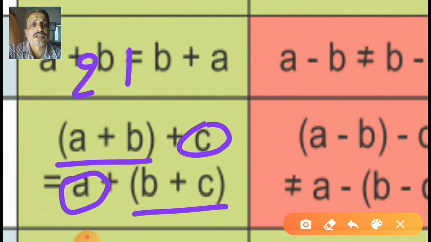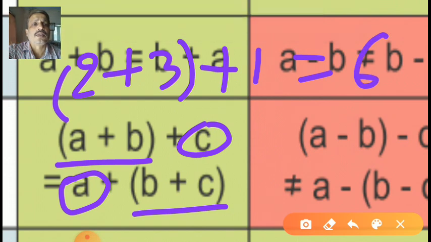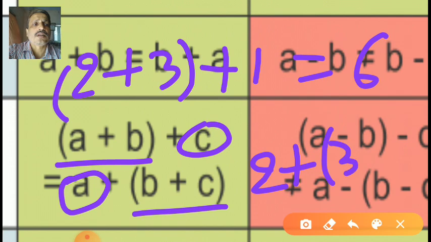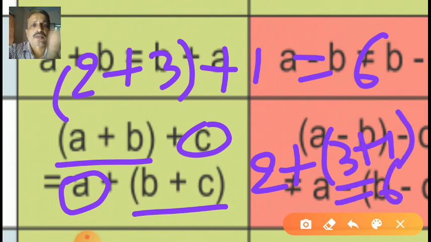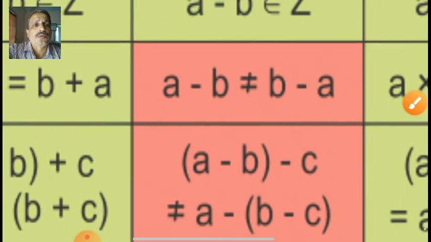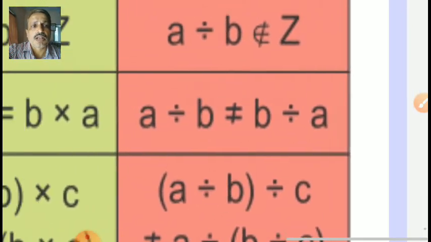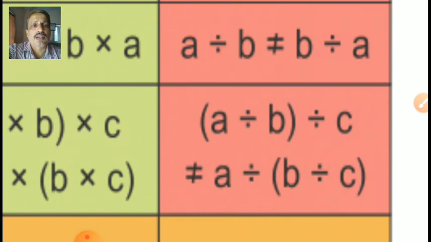See, 2 plus 3 plus 1, what is the answer? 6. Or you can say 2 is separate, plus 3 plus 1. What is the answer? 6. Both answers are correct, so both are equal. It's the associative property. For subtraction, not possible. Multiplication is possible. Division is not possible.